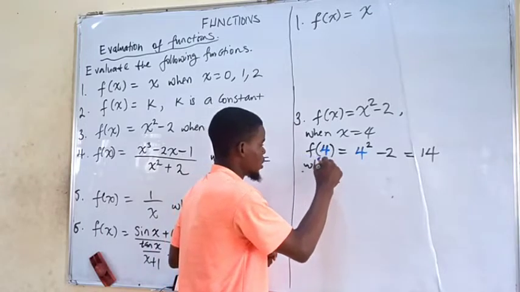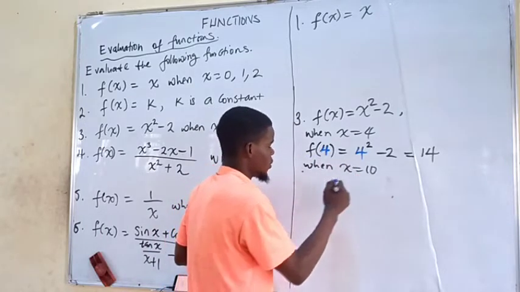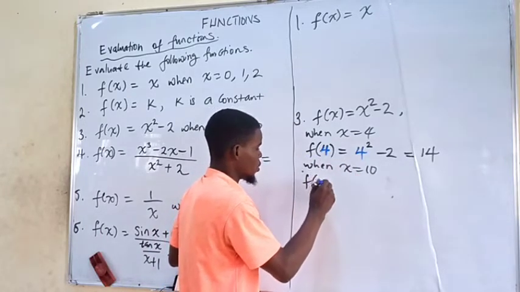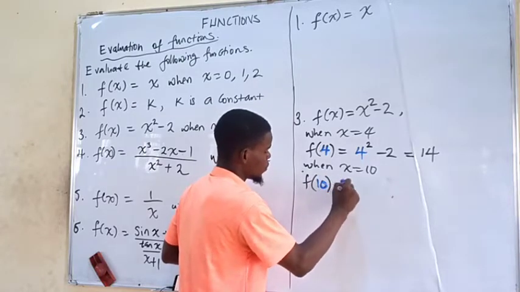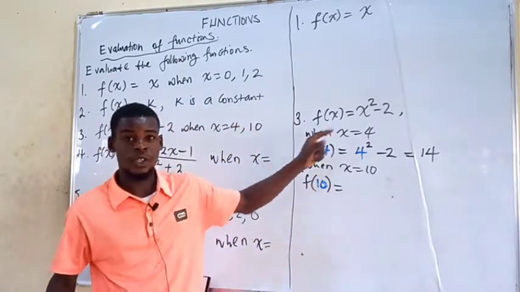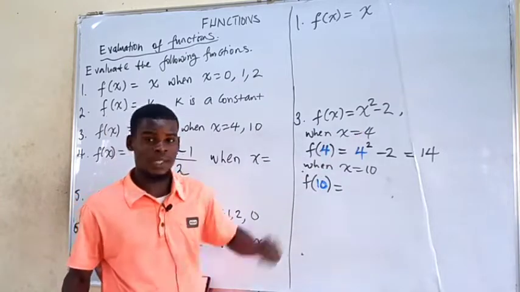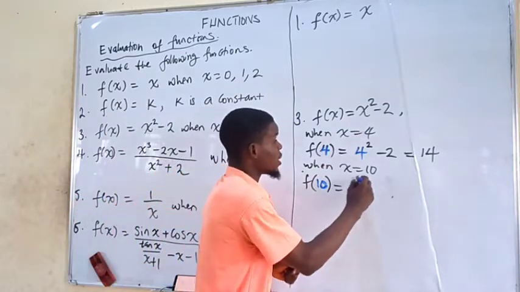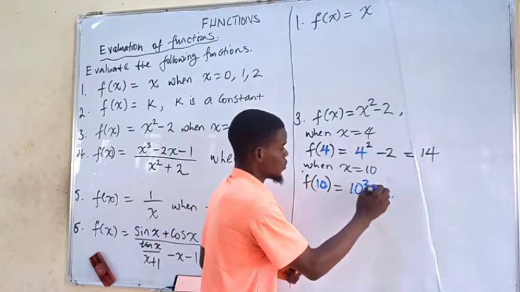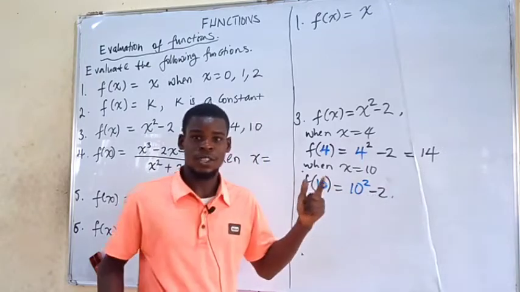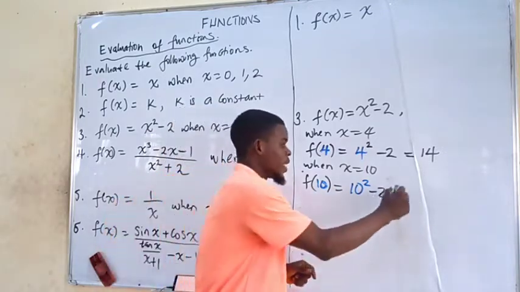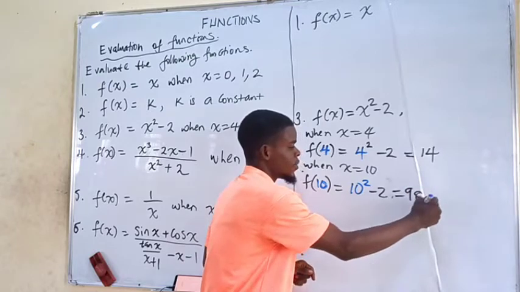When x is 10, f of 10 will be, in place of x, we replace x with 10 on the right-hand side. That gives us 10 squared minus 2. 10 squared is 100, and subtracting 2 gives 98. That is the result.